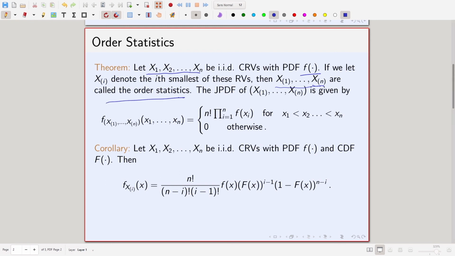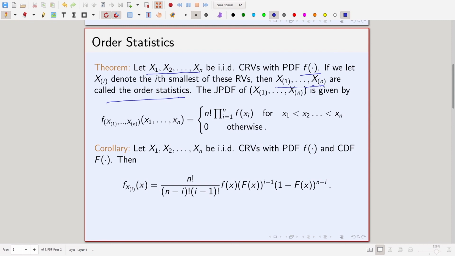So you are looking at them from smallest to largest. That's basically the definition: given n IID continuous random variables, the order statistics is obtained by ordering those random variables from smallest to largest.